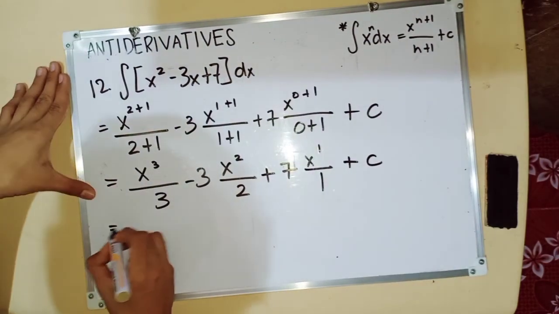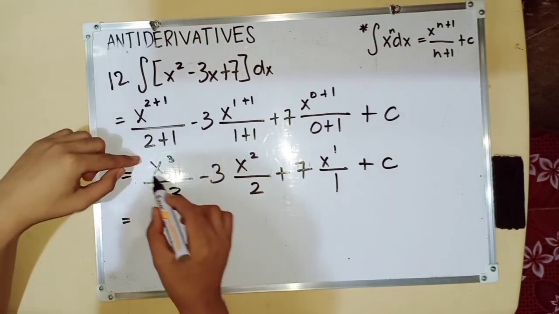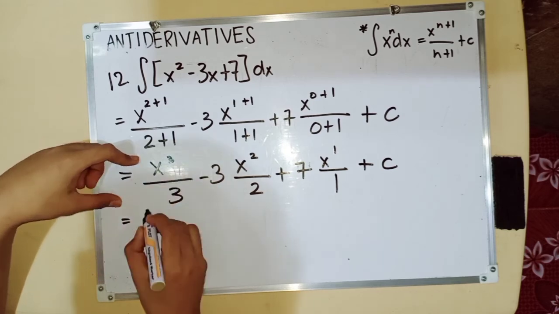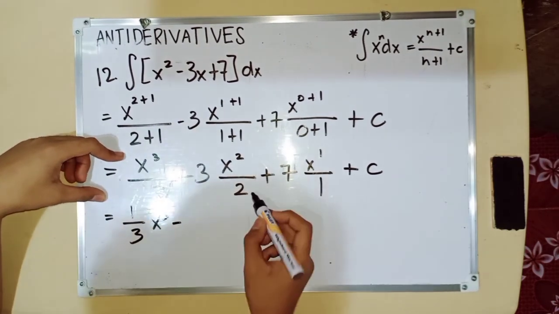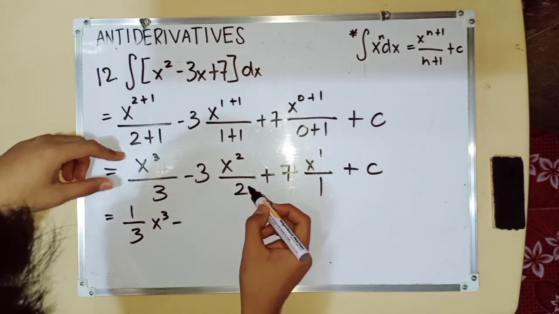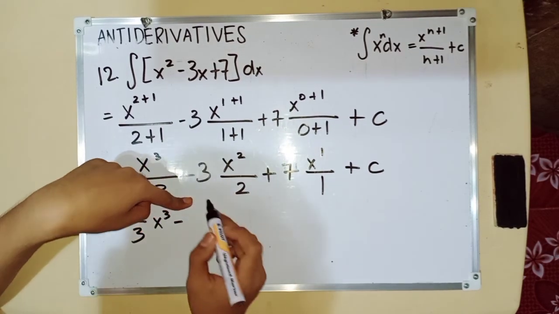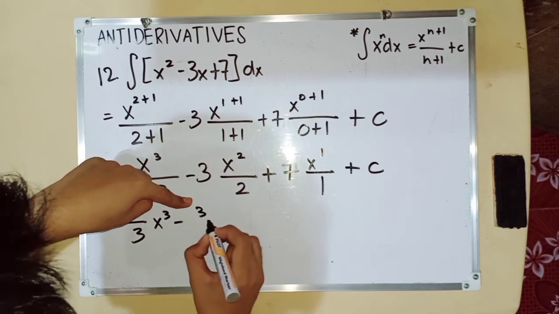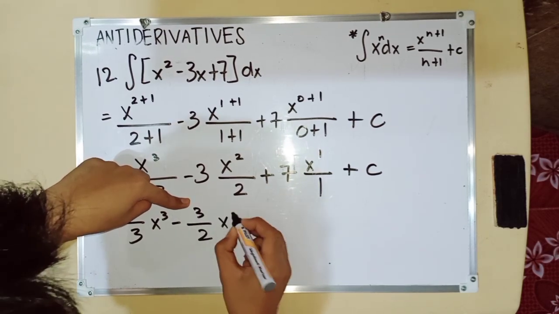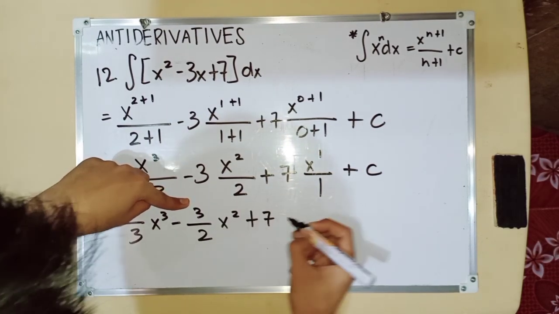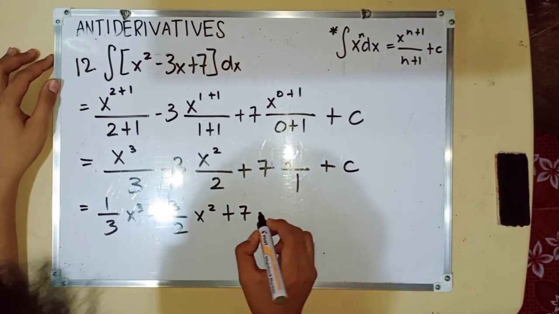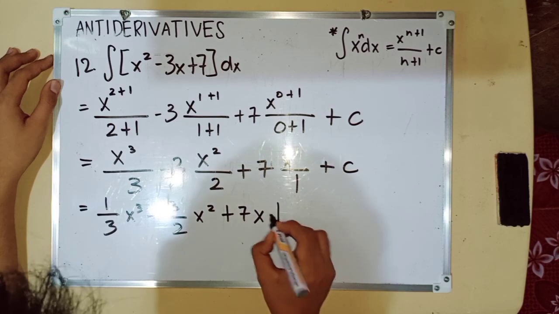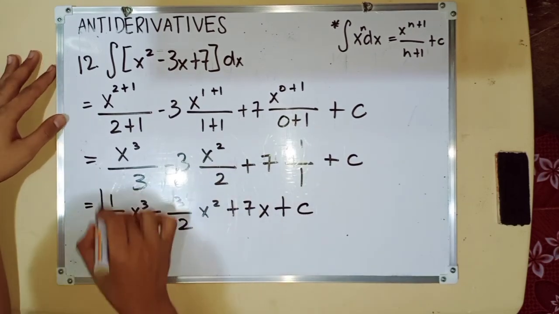Let's simplify. We take out the 1 over 3 here in the x cubed. 1 over 3 x cubed. Then, we also take out this 2, so it becomes negative 3 over 2. Negative 3 over 2 x squared plus 7. Then this x raised to the power of 1 over 1 becomes just x, plus c. So this is our final answer.